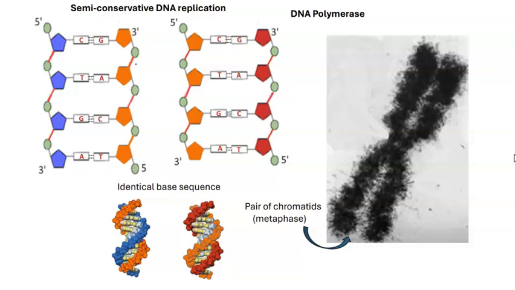To complete the process, it's necessary for a second enzyme, known as DNA polymerase, to complete the sugar phosphate backbone along the new nucleotide strands.